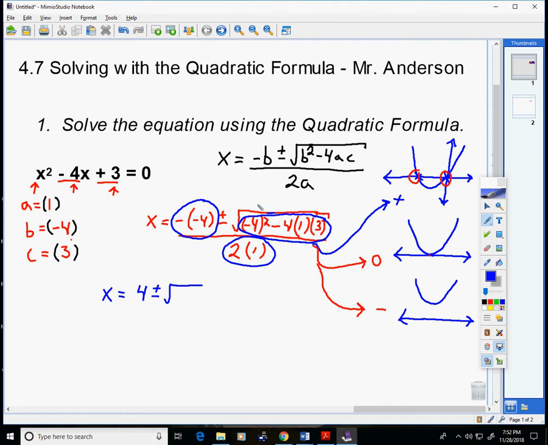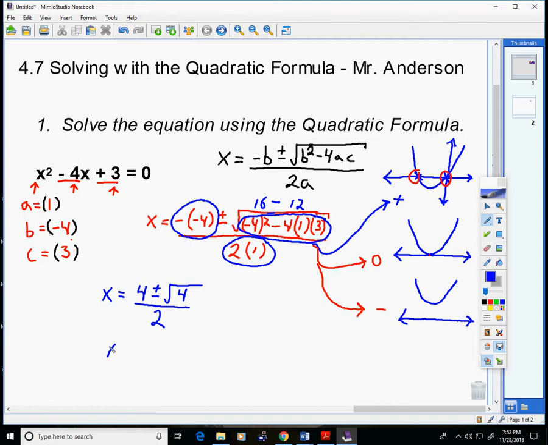So negative 4 times negative 4 is 16, and then minus 4 times 1 times 3 is 12. What I'll write in my next step for the simplification is 16 minus 12 is 4. And this is going to be over 2 times 1 is 2.